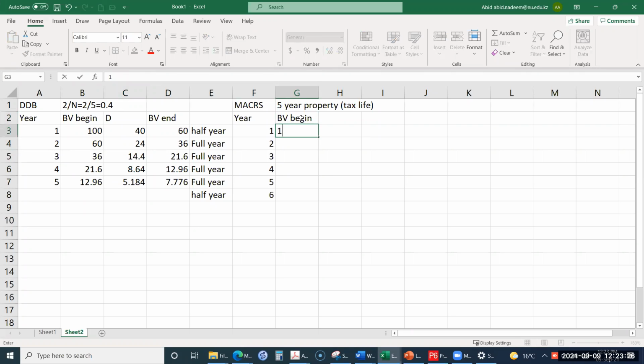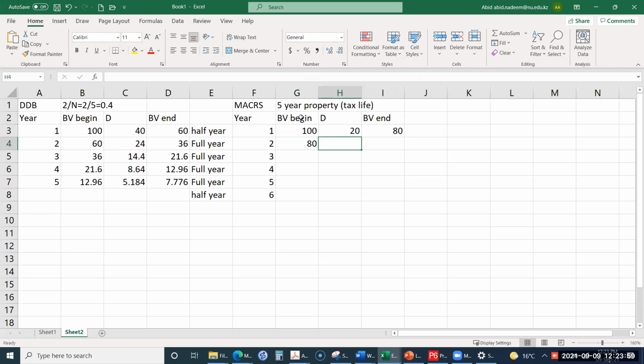So book value in the beginning in this case is also 100. The depreciation will be this value multiplied by 0.4, and then we will take half of that. So it will be 20, and the book value at the end of the year will be 100 minus 20, which is 80. So book value in the next year will be the same as the book value ending in the previous year.